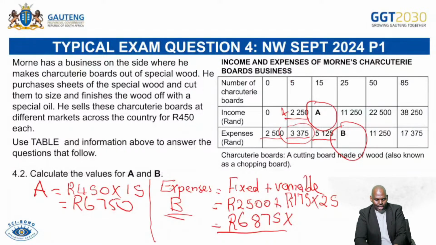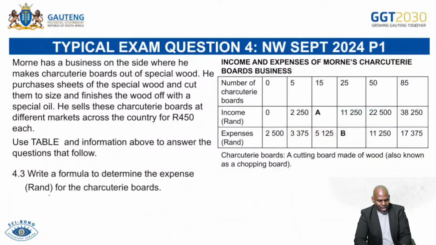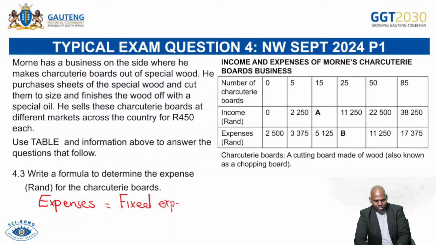Where I said expenses equals to fixed plus variable. So I will just rewrite this. Expenses equals to fixed expenses plus variable expenses.